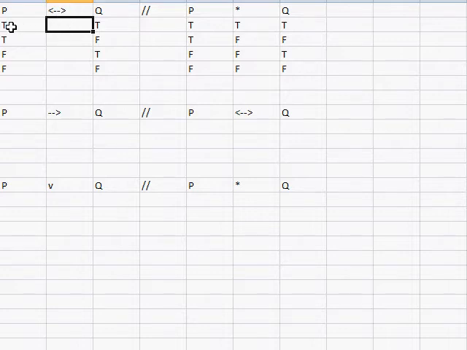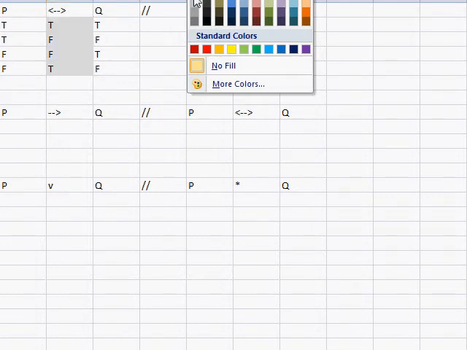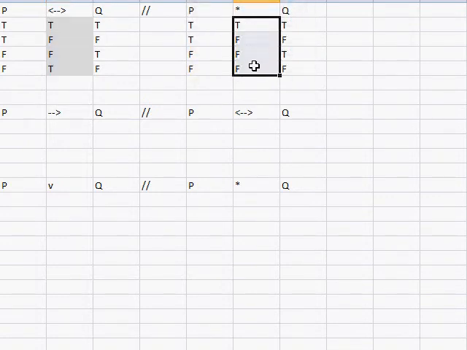Remember that the material conditional is only true when both P and Q have the same truth value, which is either they have the same truth value of true, or they have the same truth value of false. So right here it's true because they're both true. Right here it's false because P is true and Q is false. Right here it's false because P is false and Q is true. And right here it's true because they are both false. So let's just highlight these to kind of emphasize what we're comparing.